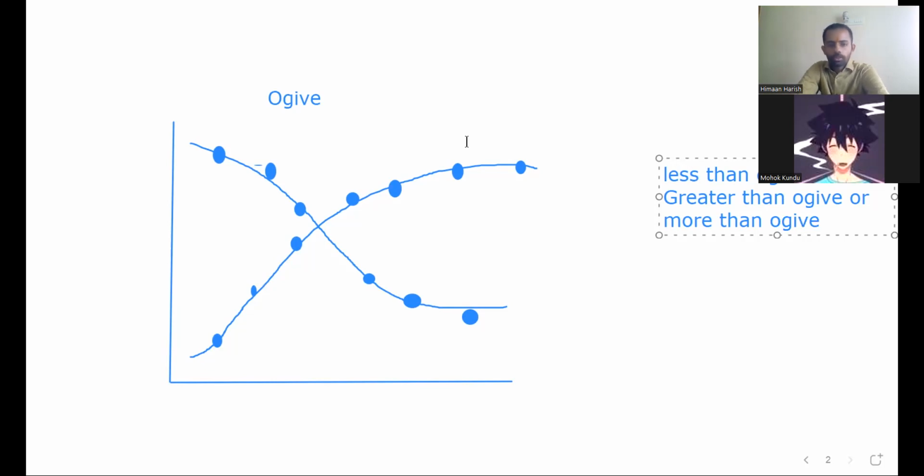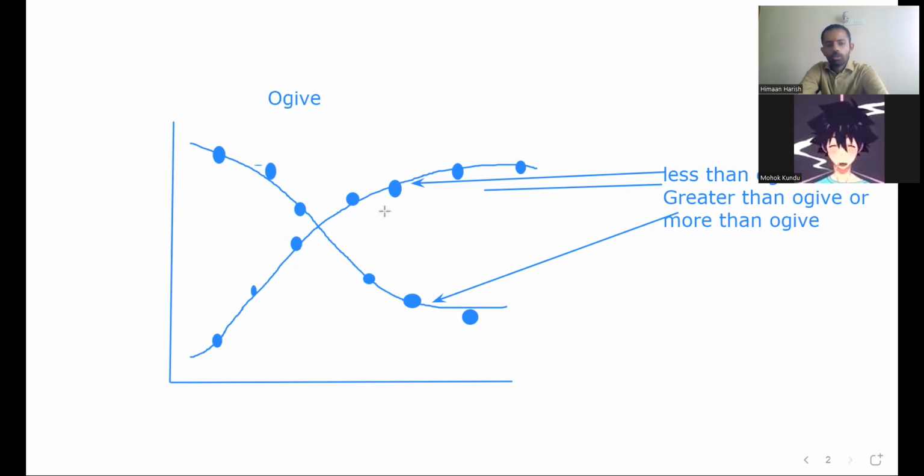So we can name the rising curve as the less than ogive, and the falling curve represents the greater than ogive. Are we clear with this?